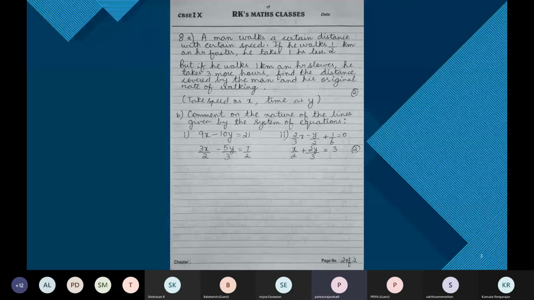Ma'am, second equation is 3x minus y equal to 3. Very good. 3x minus y is equal to 3, Parkavi. Very good.